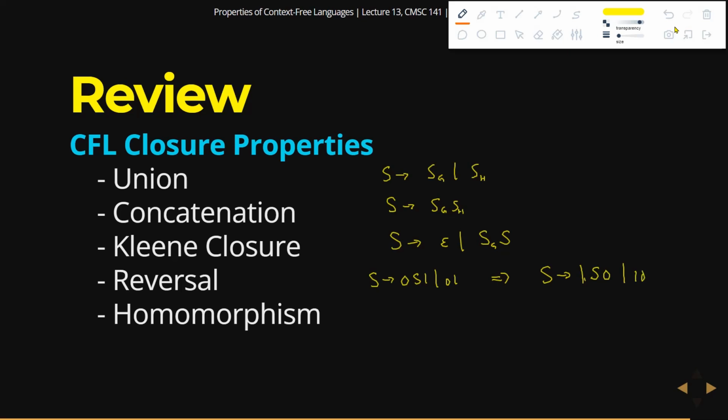And for homomorphism, you just apply the homomorphism. So if h(0) is equal to AB, and h(1) is equal to C, then this becomes AB S C or ABC, something like that, right? So all of them produced a CFG, and so that makes them context-free as well.